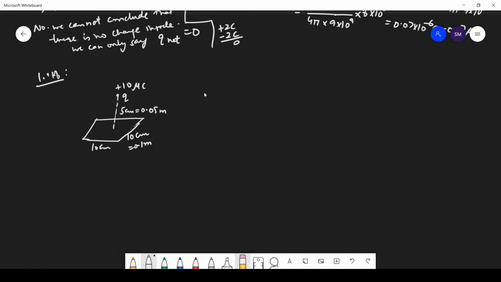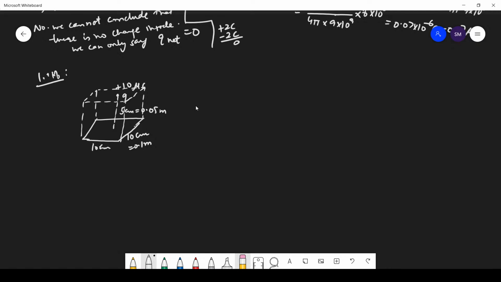So students, here we need to think of this square as one of the faces of a cube, because then it will be easy to find the answer. So this is the whole cube, and this is one of the faces of the cube.